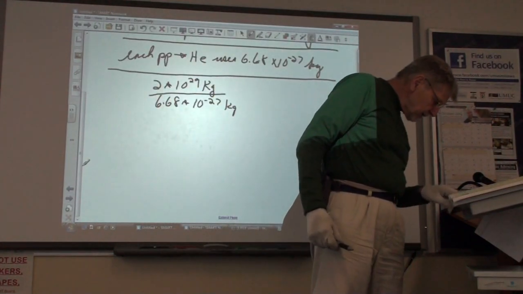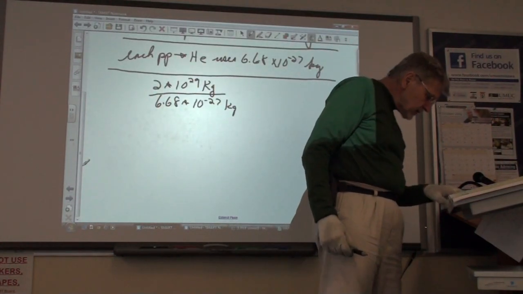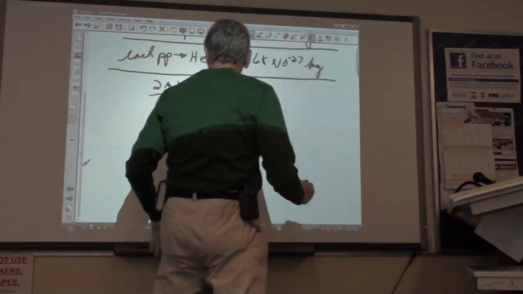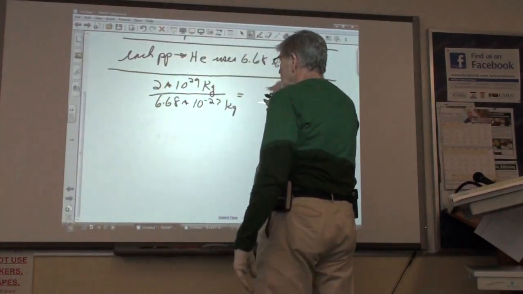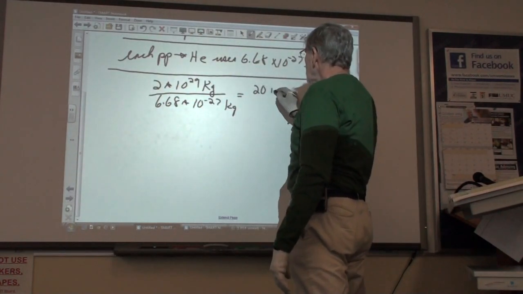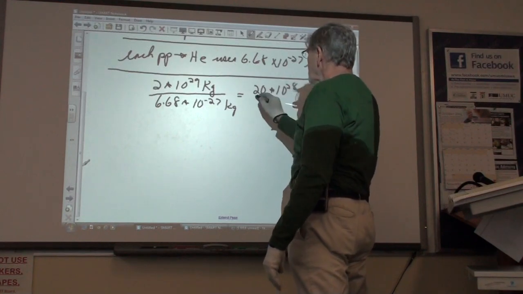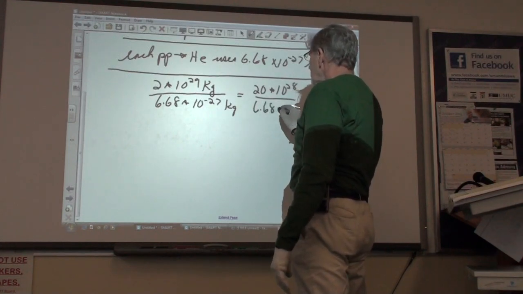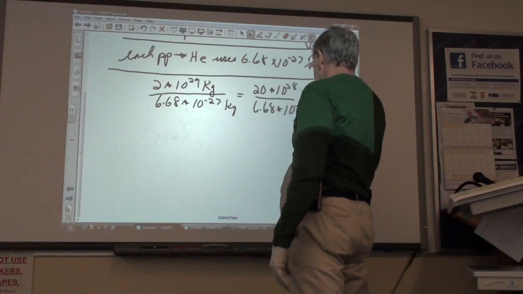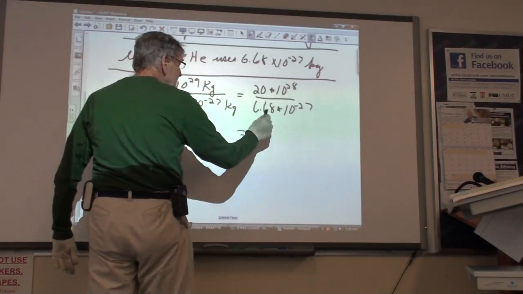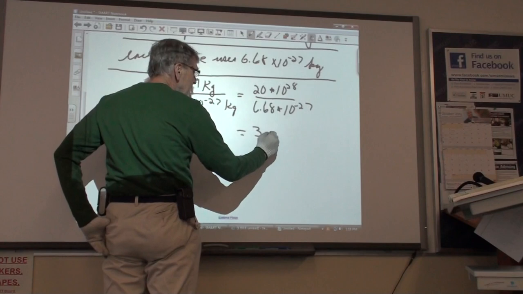So if we do that arithmetic, we're going to change this number on the top slightly so we get the arithmetic a little better, make it 20 times 10 to the 28th over 6.68 times 10 to the minus 27. Now 6.68 goes into 20 just about 3 times.